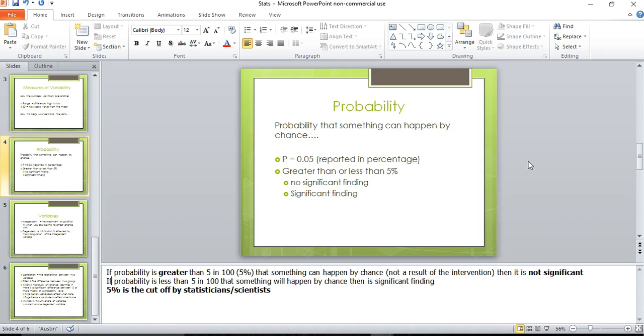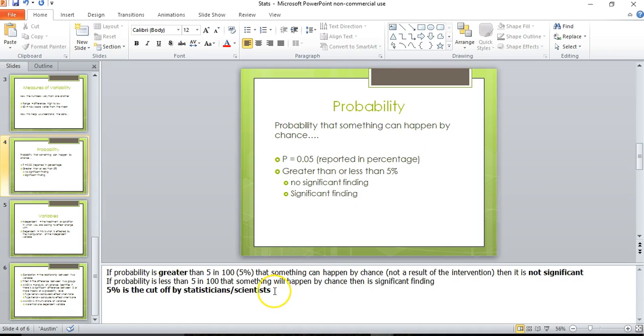So again, here's your p-value. So p is talking about the probability, the probability that something can happen by chance. So this is how you'll see it reported in the articles that you're looking at. Actually, it'll usually be a less than or equal to sign, is how it'll be shown.